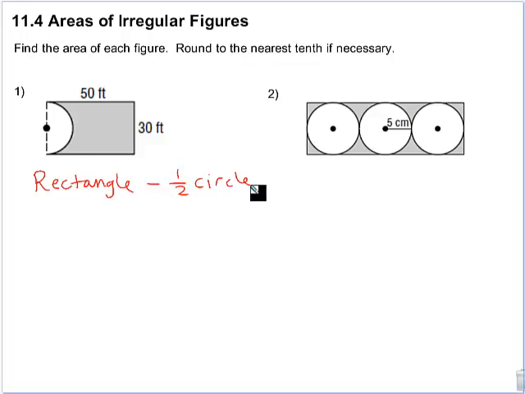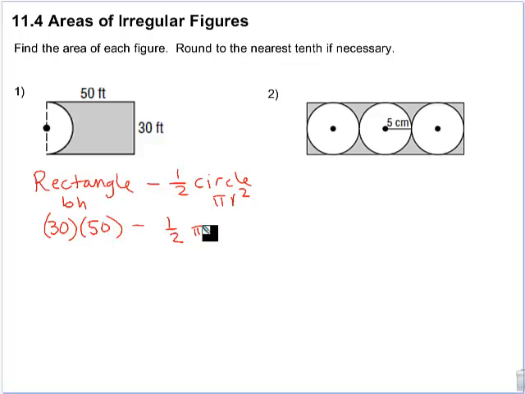Okay? So how do we find the area of a rectangle? Base times height. So what's the base and the height here? Okay, so this would be 30 times 50 for the area of the rectangle. Then we want to subtract off half the area of the circle. How do you find the area of a circle? Pi r squared.